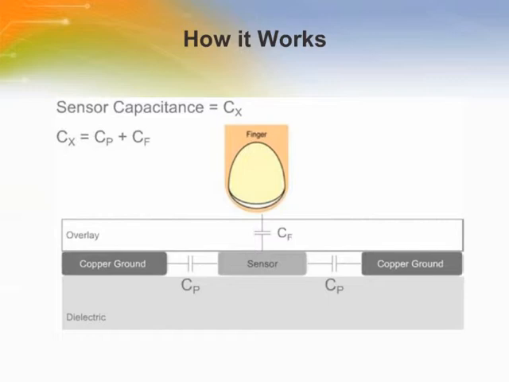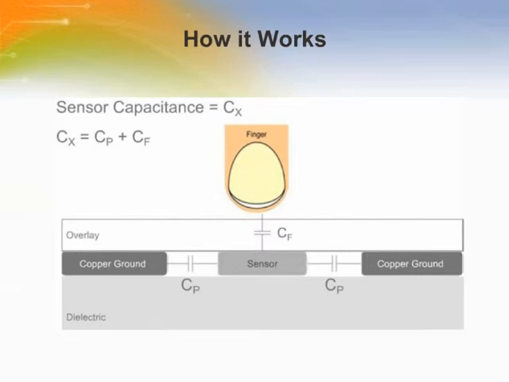Now the proximity of the sensor and ground planes also create a fringe electric field that passes through the overlay. The tissue of the human body is basically a conductor as well. Placing a finger near fringing electric fields adds conductive surface area to the capacitive system. This additional finger capacitance, noted here as C sub F, is, however, on the order of 0.1 picofarads to 10 picofarads.